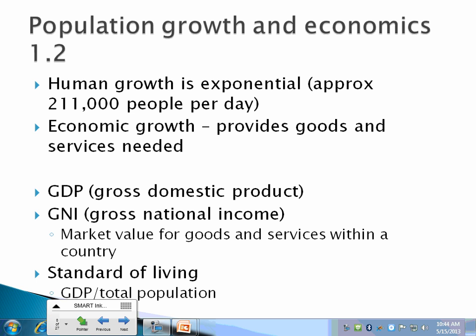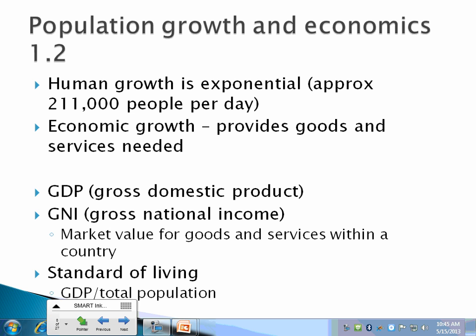Gross domestic product is all the services that we have available to us. Gross national income is the value of goods and services within a country. The United States has a very good GDP and GNI. We have that affluence, which actually tends to drive throwing a lot of products away and wasting a lot of things. Standard of living is your GDP divided by your total population.